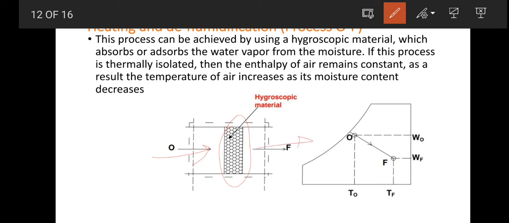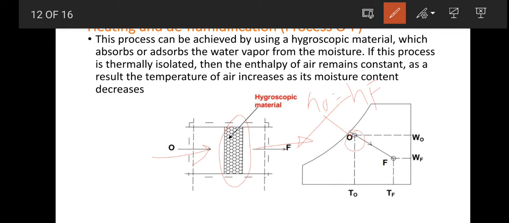If you plot this on the psychrometric chart, O is the inlet condition of the air, keeping enthalpy constant, so Ho is equal to Hd. When the moisture content is removed, obviously its temperature also increases.